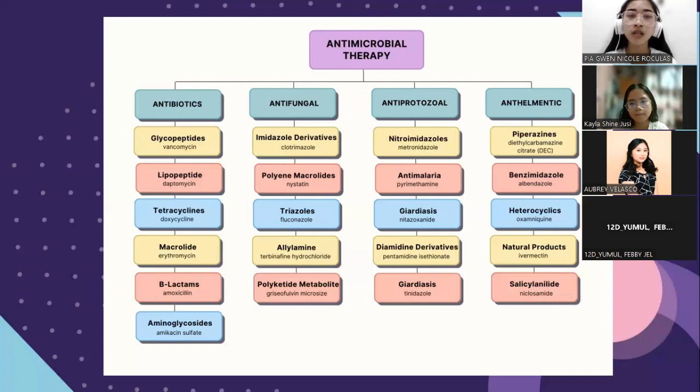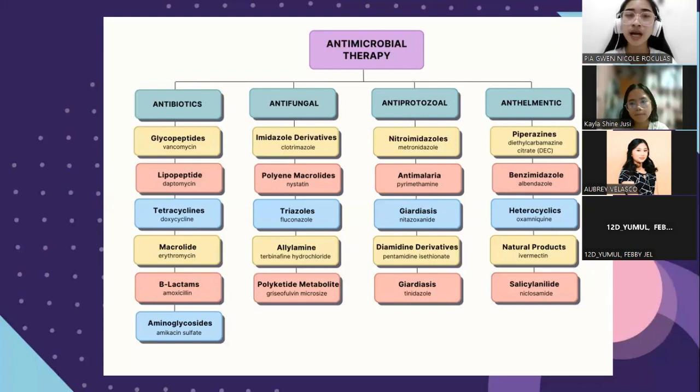Next is the antifungal. This agent plays a vital role in combating fungal infections, which can range from superficial skin conditions to severe systemic illnesses. This report aims to categorize antifungal agents into distinct classes and provide representative examples within each class to better understand their mechanisms and applications.